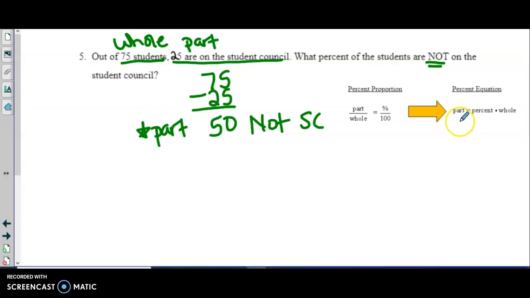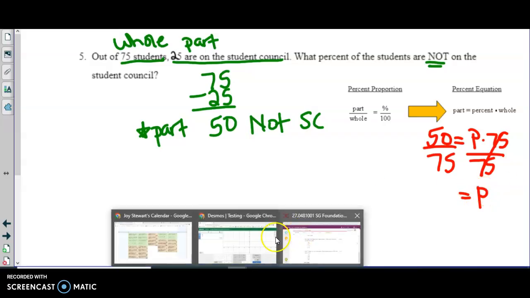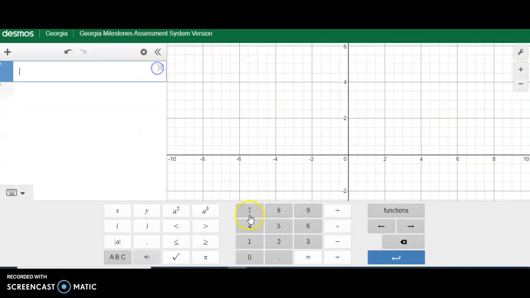So what percent of students are not on the student council? Let's fill in our information now. The part is 50. We don't know the percent, but we do know the whole is 75. We want to solve for percent, so we're going to divide each side by 75. And that will give us our decimal answer, and then we will be able to convert it to a percent.